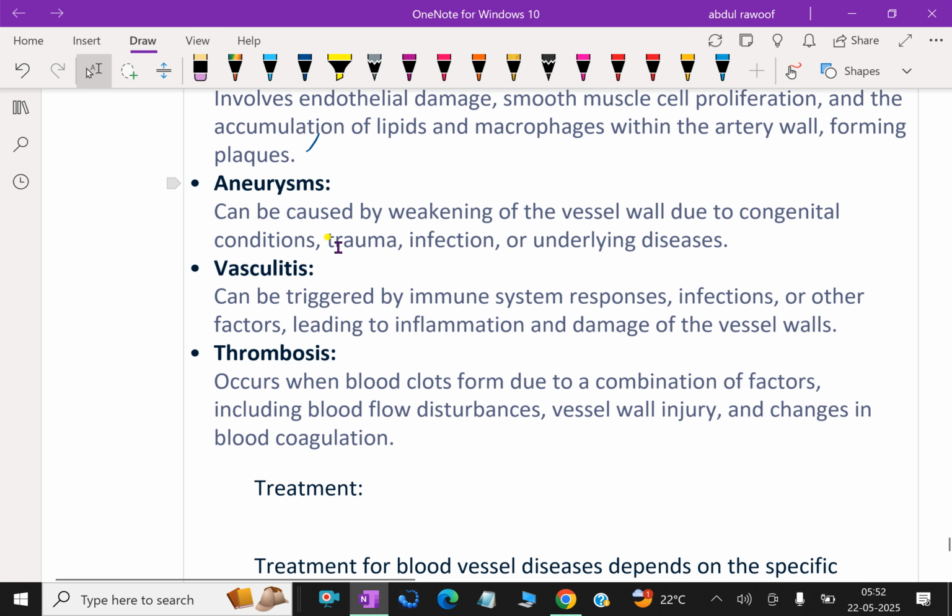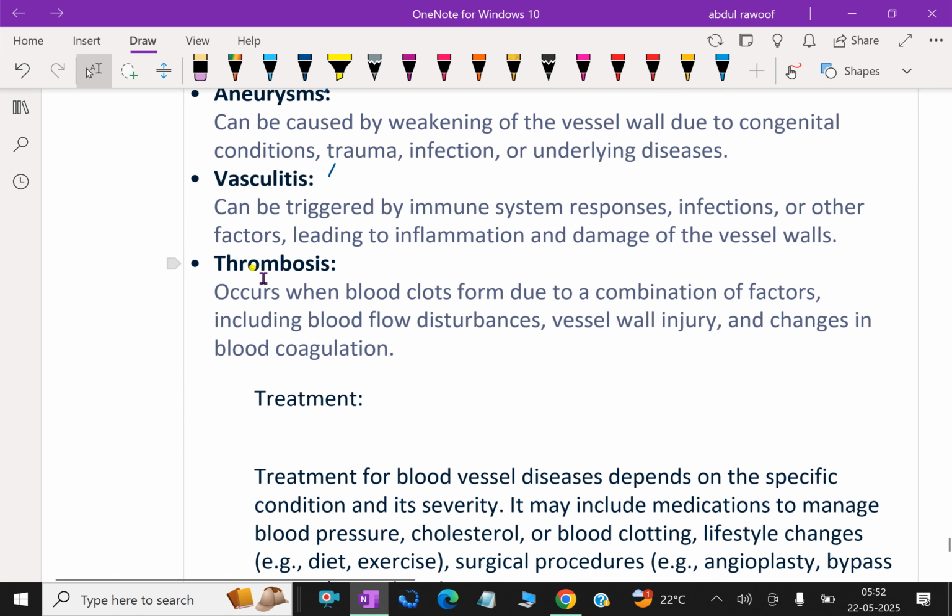Aneurysms can be caused by weakening of the vessel wall due to congenital conditions, trauma, infections, or underlying diseases. Vasculitis. What is that? Vasculitis can be triggered by immune system responses, infections, or other factors leading to inflammation and damage of the vessel walls.